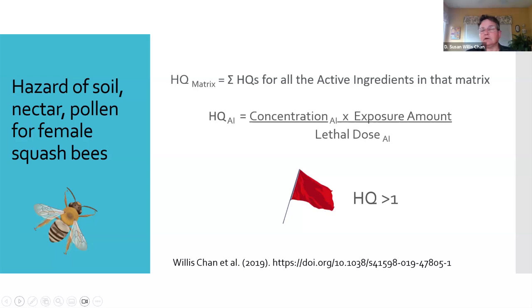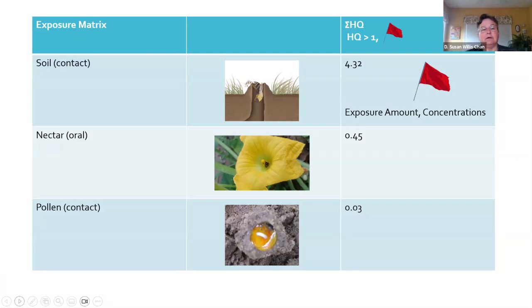So I did some work to compare the hazard of soil, nectar, and pollen for female squash bees. The main thing I want you to take from this slide is that if you have a hazard quotient, and I've shown you how I calculate the hazard quotient, of greater than 1, then this is a red flag for that particular matrix. It means you need to pay attention. In my work, I looked at soil, nectar, and pollen in agricultural soils for pumpkin and squash.